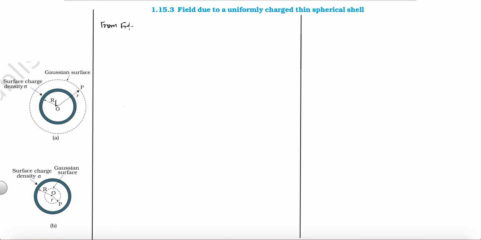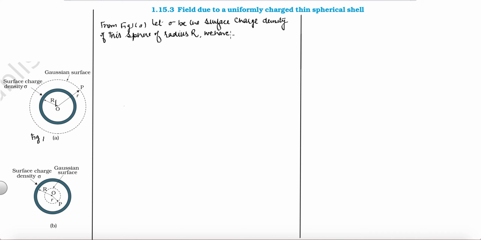From figure number 1A, let sigma be the surface charge density of the sphere of radius capital R.